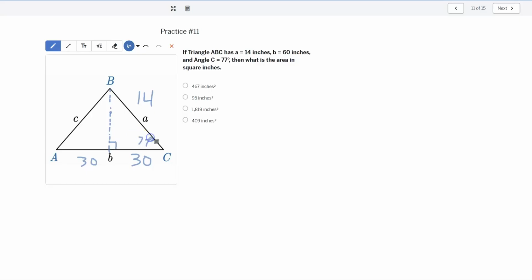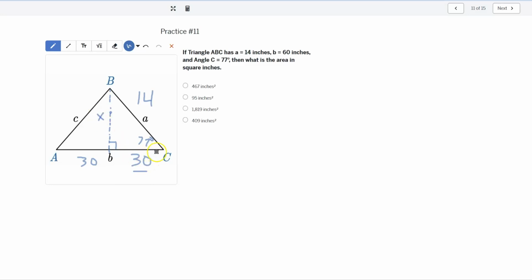The area of a triangle is 1/2 times base times height. But since we've cut this one in half, we can just do base times height. Our base down here at the bottom is going to be 30, and our height is going to be whatever this is over here, this x, we could say.